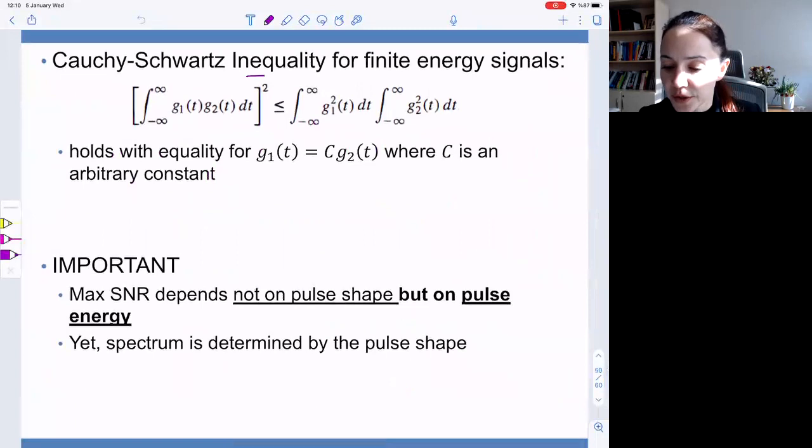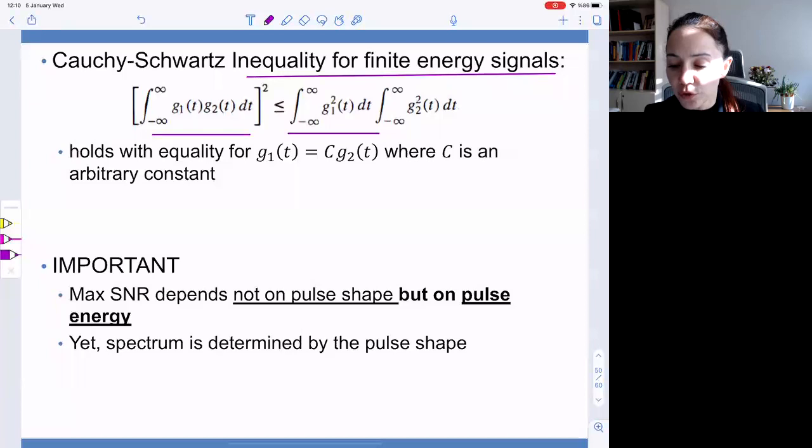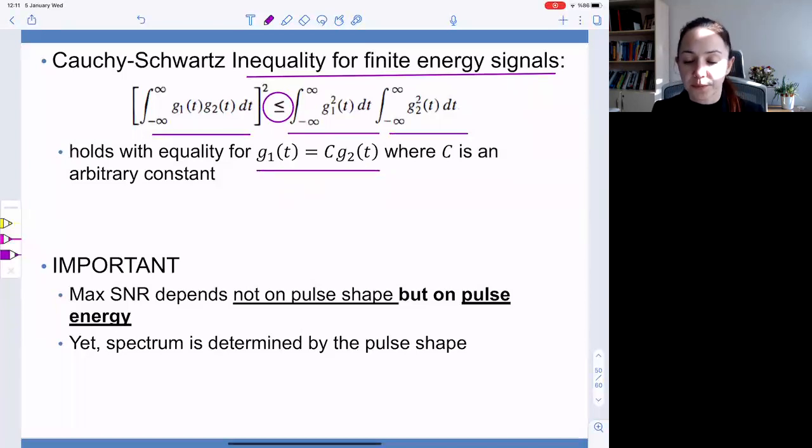For finite energy signals, the integral of g1 of t times g2 of t dt, squared, is upper bounded by the product of the integral of g1 of t squared times the integral of g2 of t squared, where equality is achieved only if one of the signals is a constant multiple of the other.